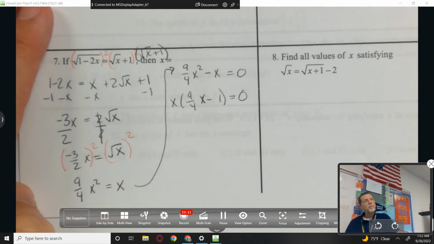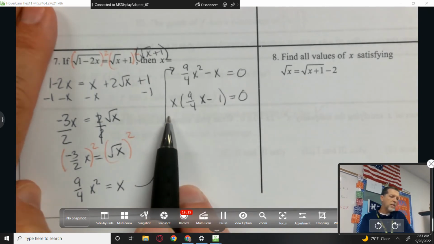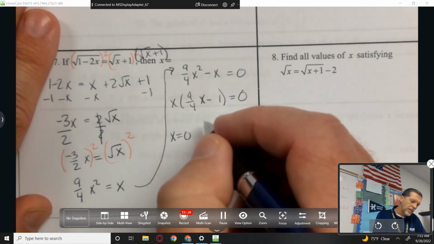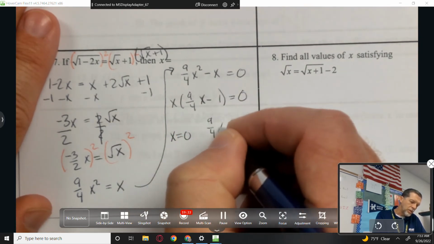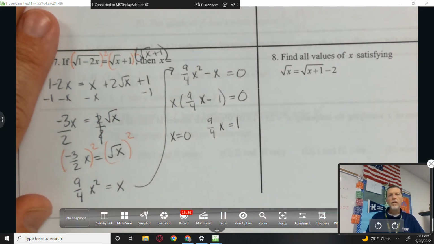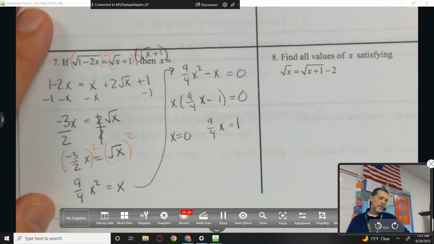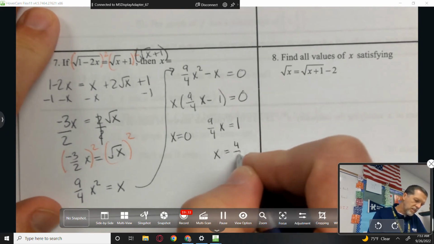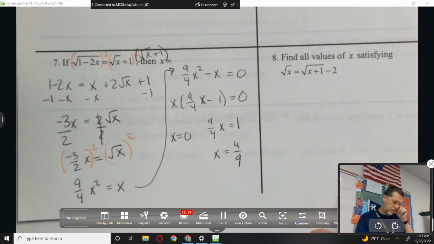Good job picking a good one. So this x out here by itself, what's that mean? Good, x equals 0. And the other one, I don't know, too many fractions. Set it equal to 0. Move the 1 over. Multiply by 4/9. And get x equals 4/9.